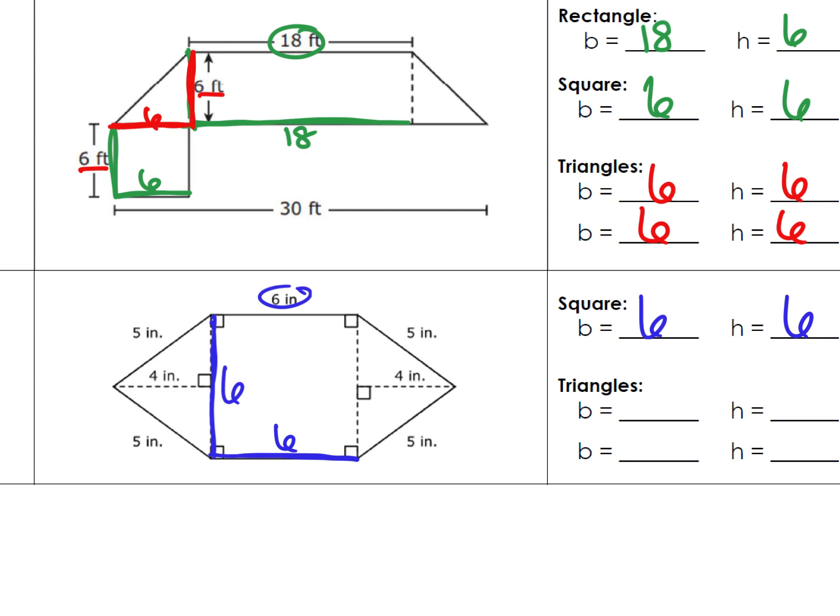Okay, for the triangle, the base of my triangle, because I'm kind of looking at it sideways, is also 6. And then the height is 4. And since the other triangle is congruent, it is also 6 and 4. So those 5s are just extra information. We don't want to use them because they're the slanty sides, and we never use the slanty-sided measurements.